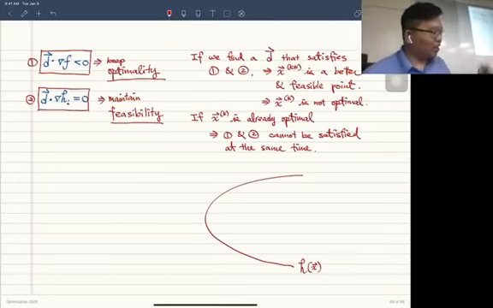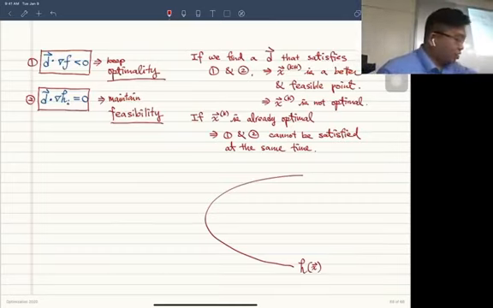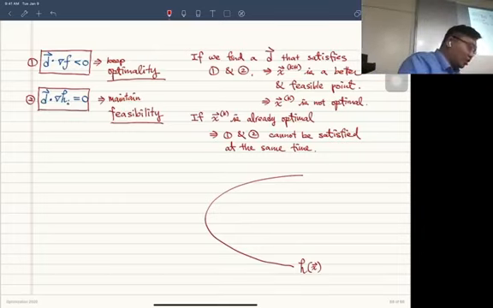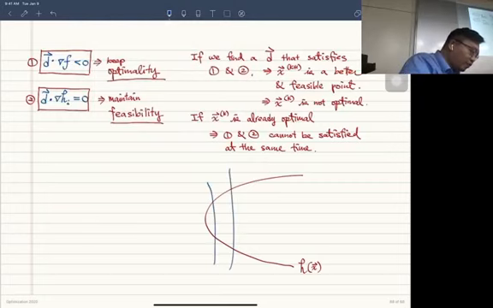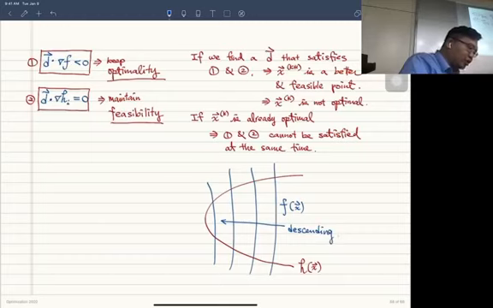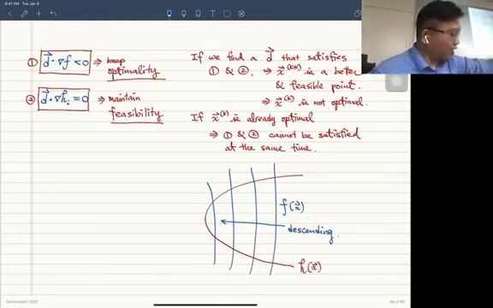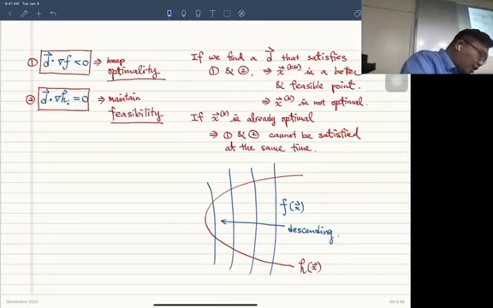Any point on top of this curve is a feasible point. And let's say I have a contour of my objective function f, and this is the descending direction, which means when I move along this direction, my function value drops. So let's say this is a point xk.